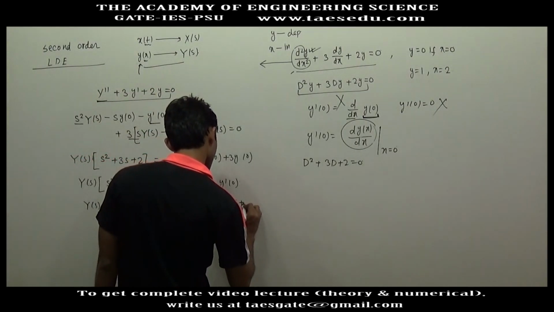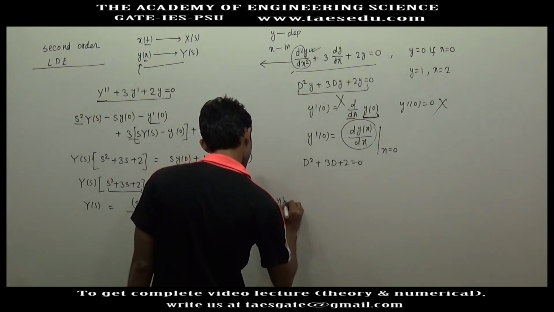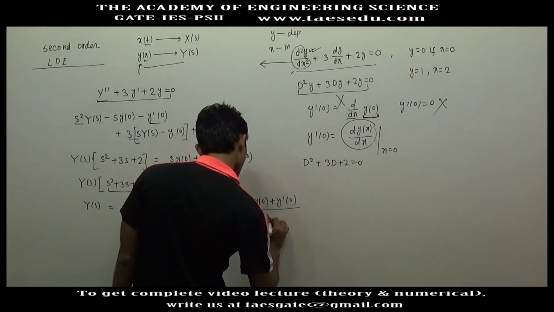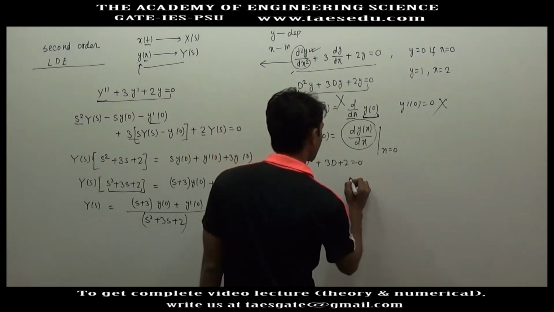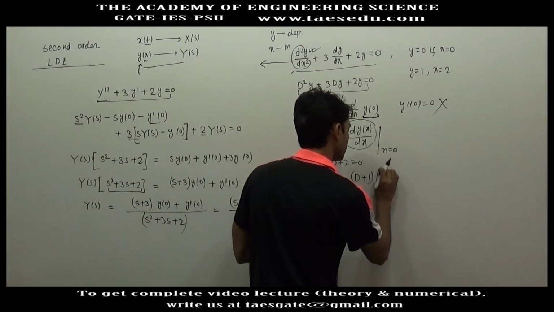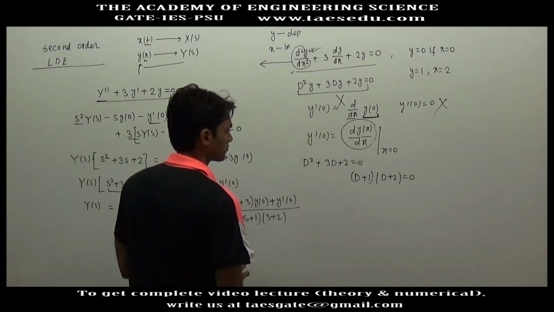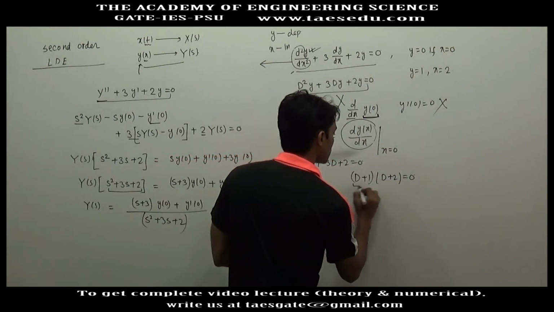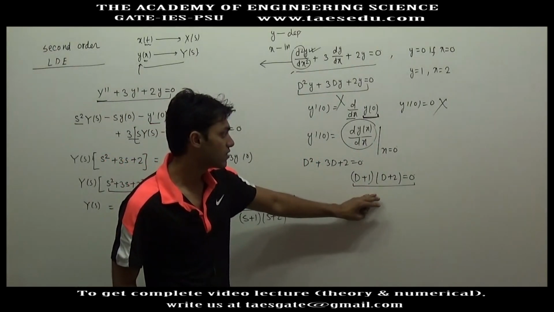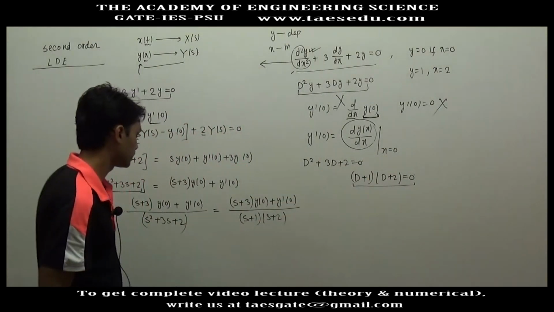We will get s plus 3 into y0 plus y dash 0 divided by s plus 1 into s plus 2, the way we got d plus 1 into d plus 2 equal to 0. By this equation, we will find the family of solution, not the particular solution, and then we will again use the two given conditions to find those constants.